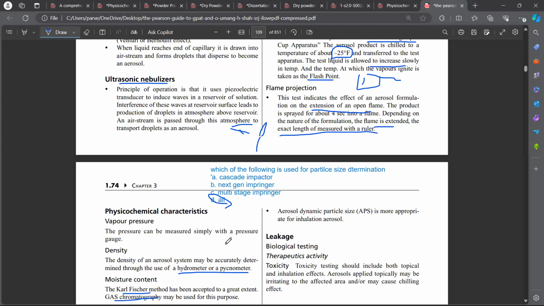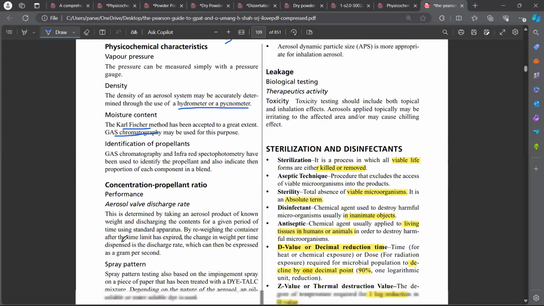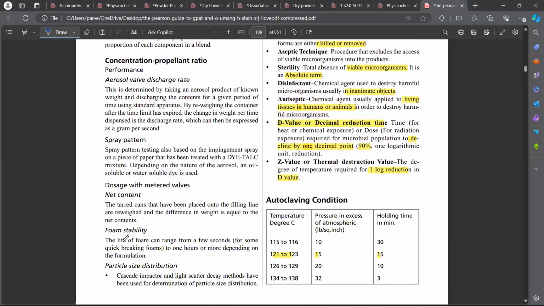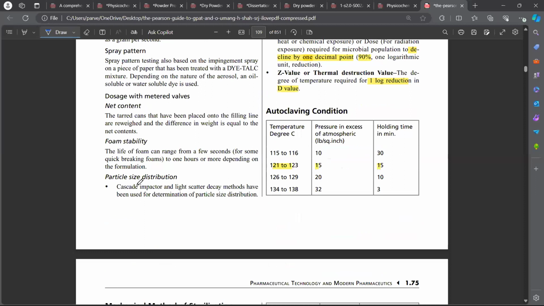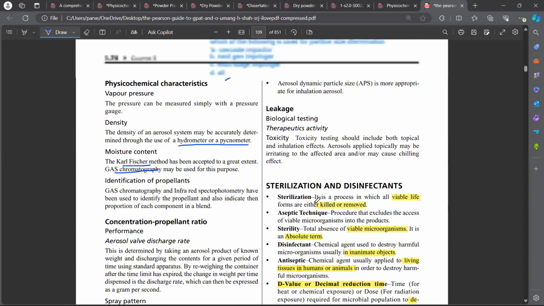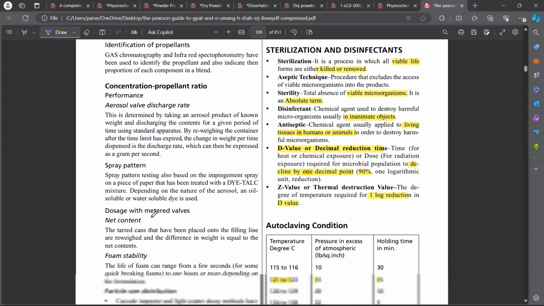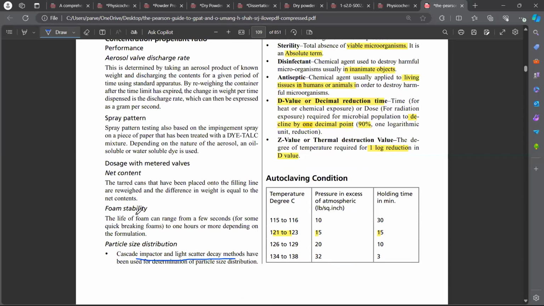There is also holography, which is used to measure the particle size. As I mentioned, the particle size distribution is measured by the cascade impactor, and light scattering methods are also used to determine the particle size for aerosols. Another property is foam stability, which is the life of a foam.